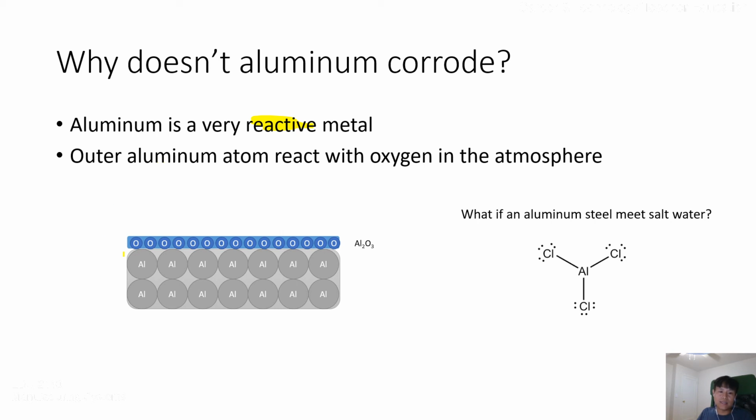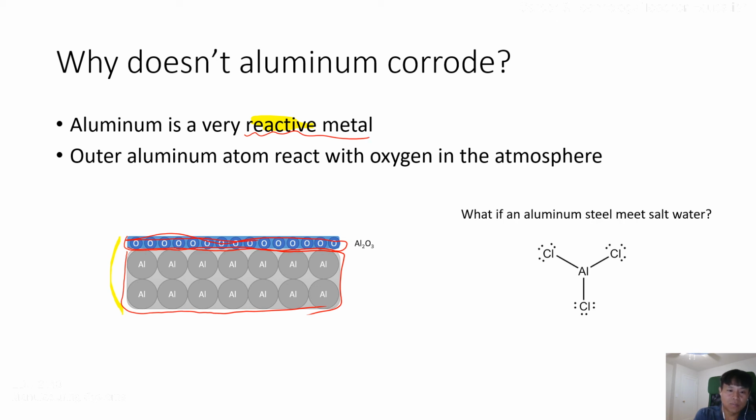Let's say this is aluminum metal. If we look at the aluminum metal, we cannot actually see this layer, but there's another layer on top of the aluminum, that is an oxygen layer. Aluminum is a very active, very reactive metal.